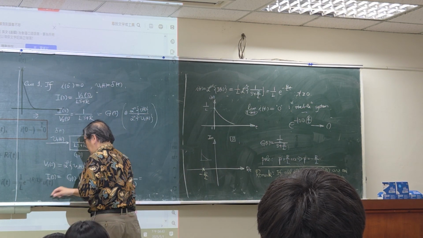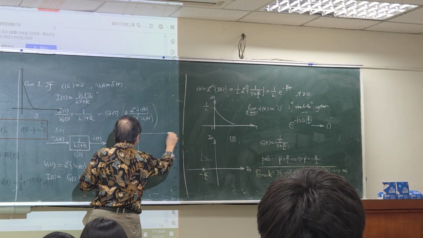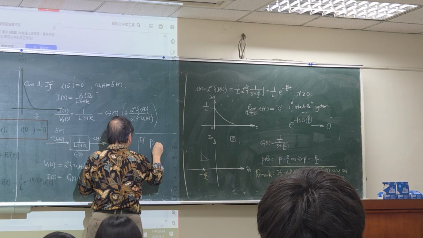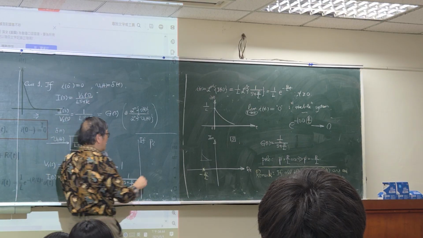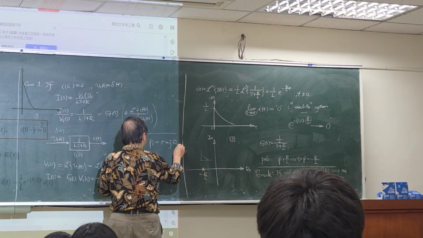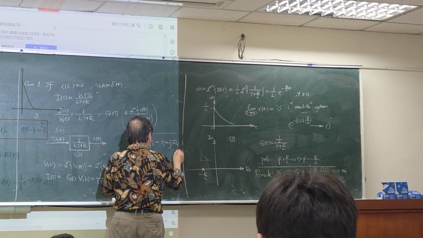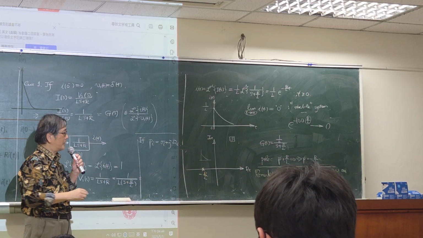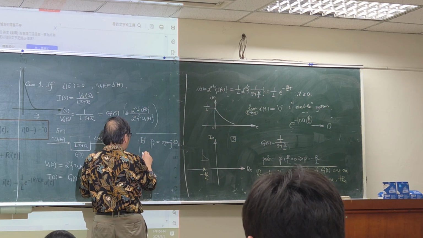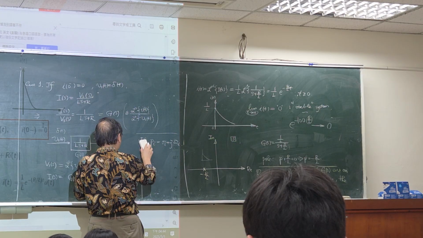If the pole, let me use the space here. If the pole p_i equals, say, sigma plus j omega, sigma i, omega i, where i can be 1, 2, 3, depending on the order of the system. Left.